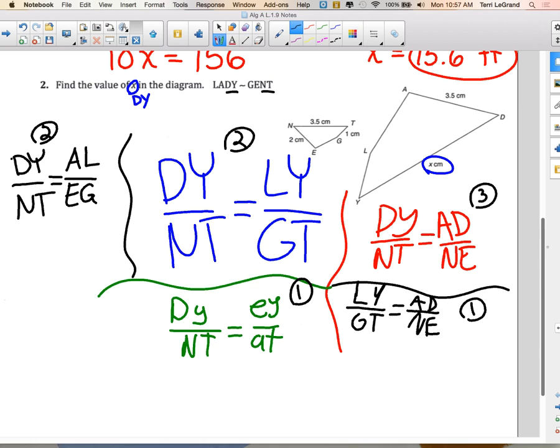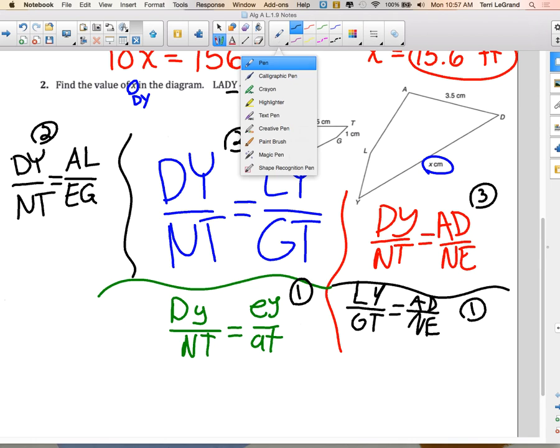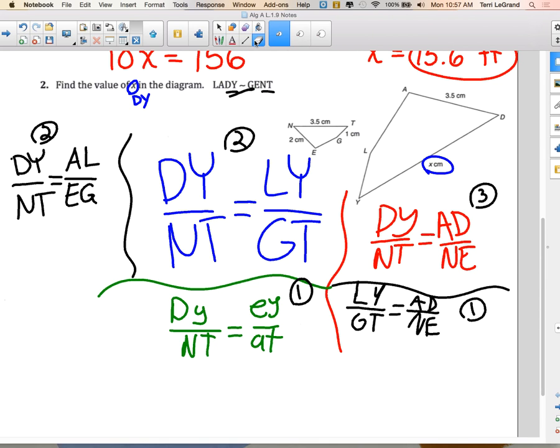Then the other one that Maisie had, she says that ly over here, this one, corresponds with gt. So I'm going to go and see if that works with the name. So ly is the first and the last, and g and t are the first and the last. So that's a set of corresponding sides. But what's the problem with that? dy is the one we're looking for, so it's already our unknown.